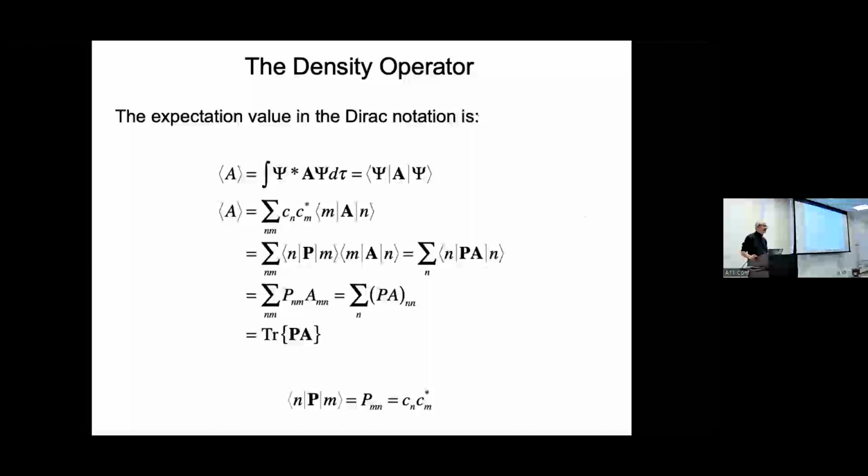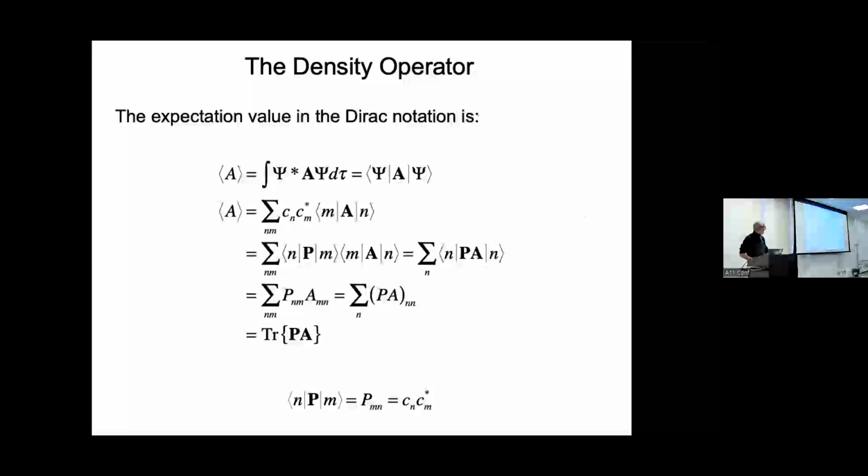If I take two matrices, when I multiply them together, I do the sum of rows times columns. So this first summation is just the product of P times A. And then I'm left with the two outer indices, the n's. But that just says I take the product of the matrices and sum up the diagonal elements. And the sum of the diagonal elements of the matrix is called the trace.